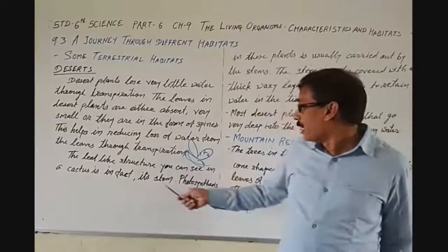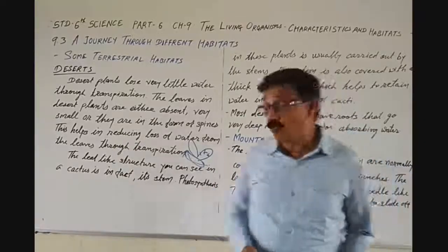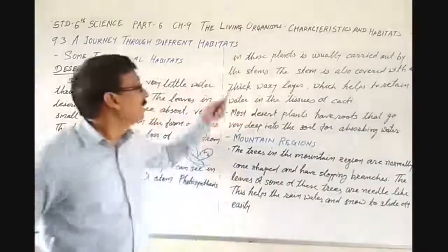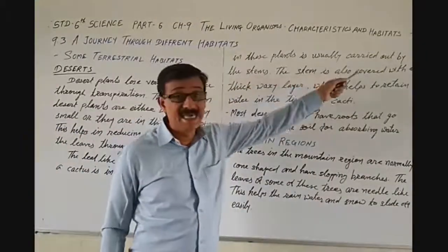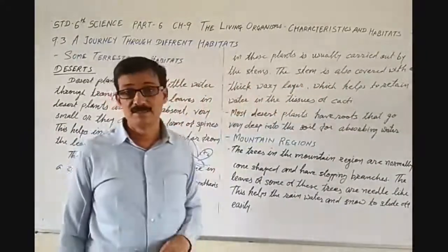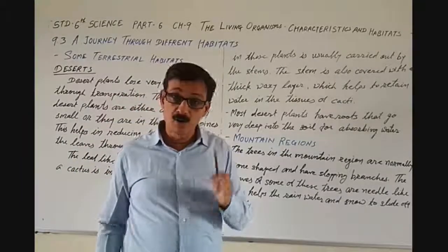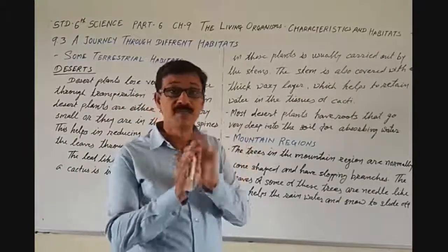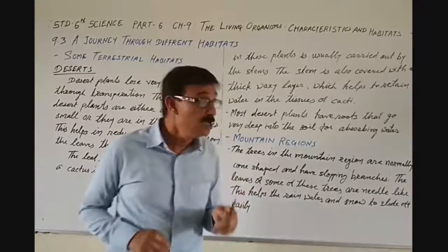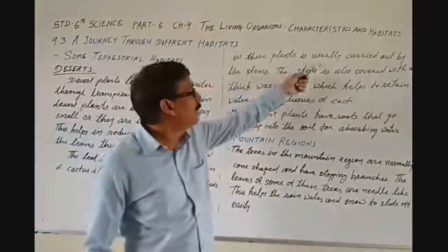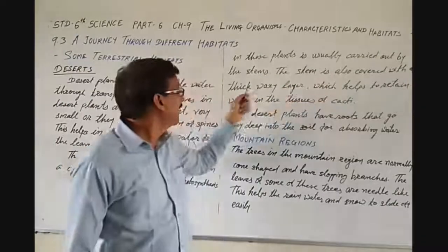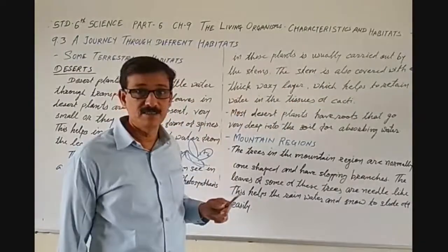Photosynthesis in these plants is usually carried out by the stems. You will see the stem, or the leaf-like structure, is also very green. That is why photosynthesis in these plants is usually carried out by the stems.